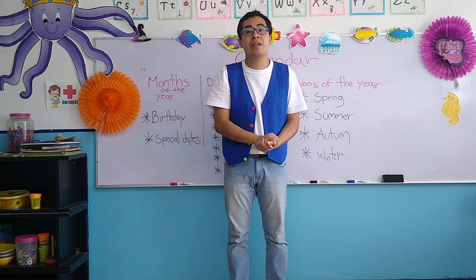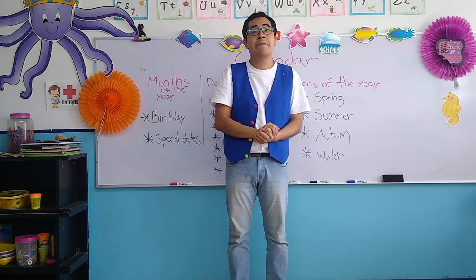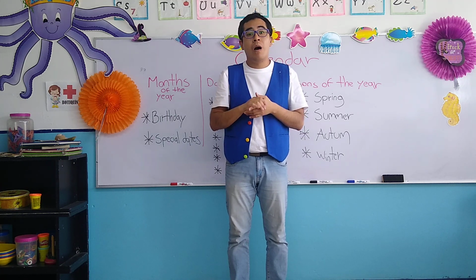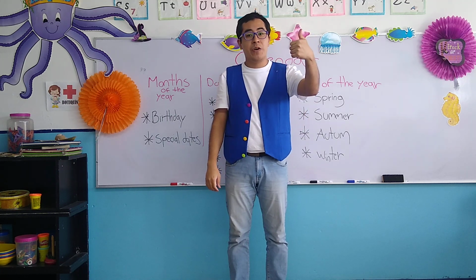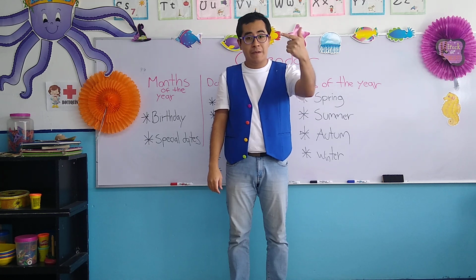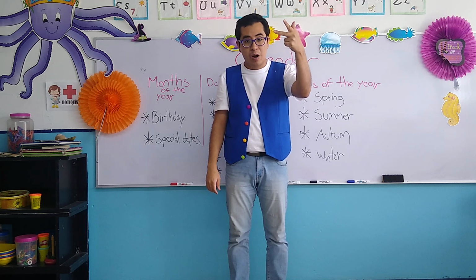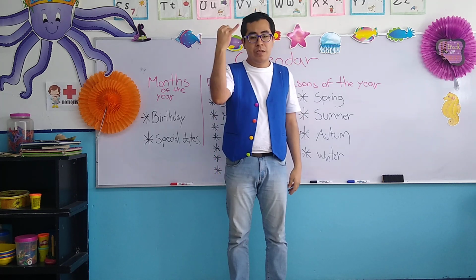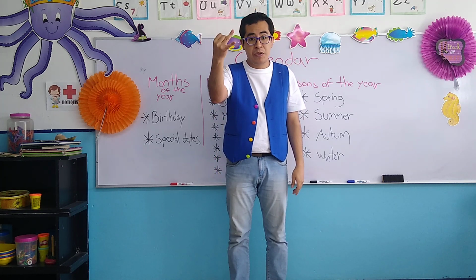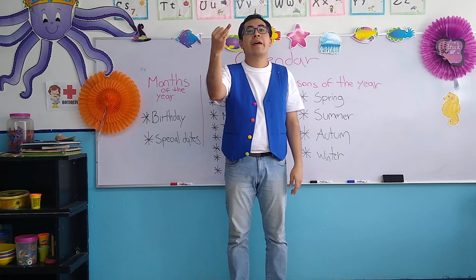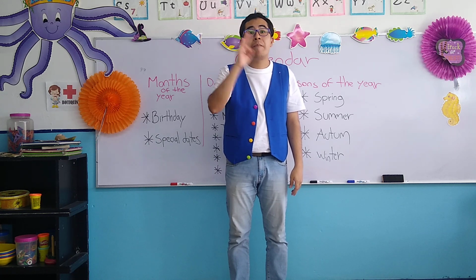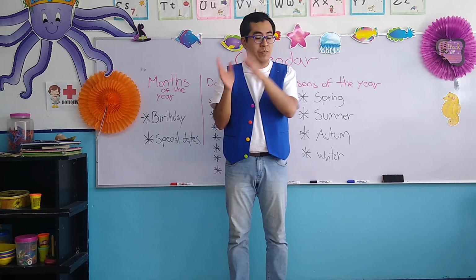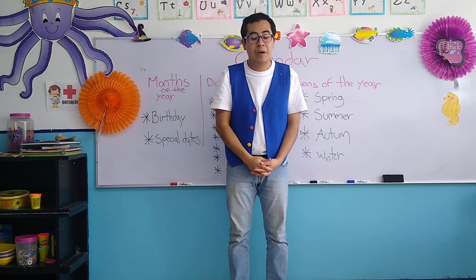Pueden ser programas de televisión o caricaturas, okay? The most common are newspaper, un periódico, television, radio, movies, fax, telephone, a computer, okay, and magazines, okay? A magazine is, in Spanish, they call it revista, okay?